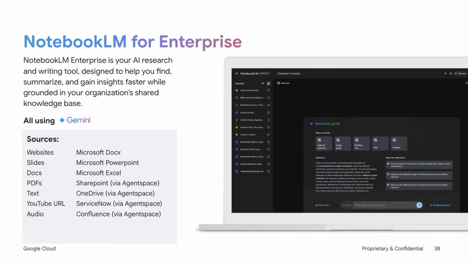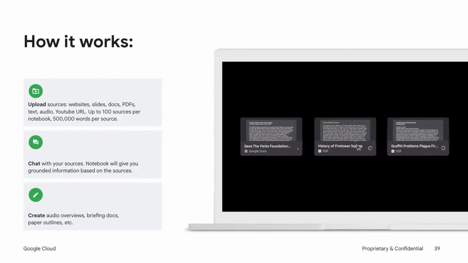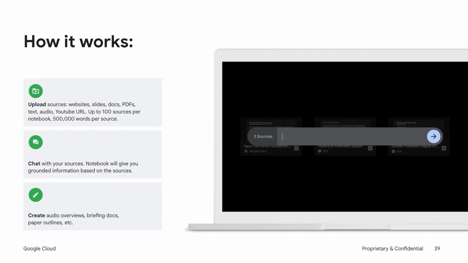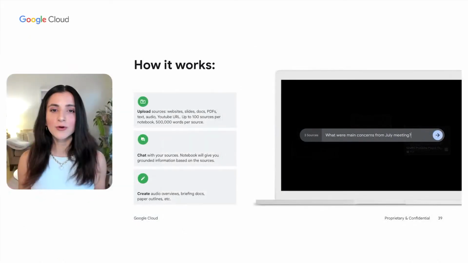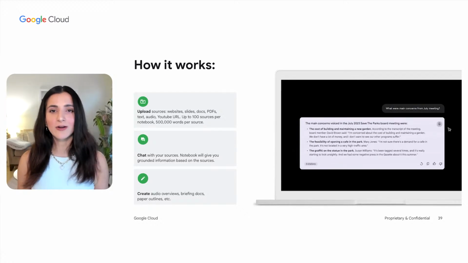But essentially, Notebook LM is an AI-powered research and writing tool that helps you to summarize and extract information across dense and complex sources. So you can upload things like PDFs, Google Docs, Google Slides, website URLs, etc., and you build out this notebook with all these different sources. Once you've uploaded all of your data, you can chat with your sources and you'll get back grounded information.